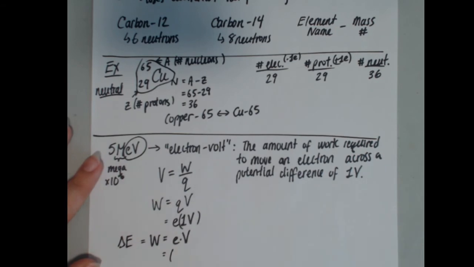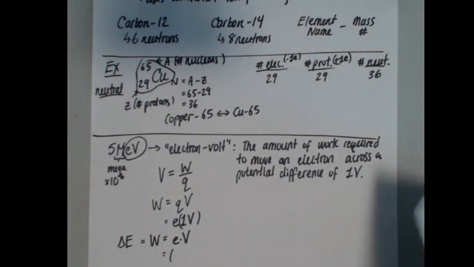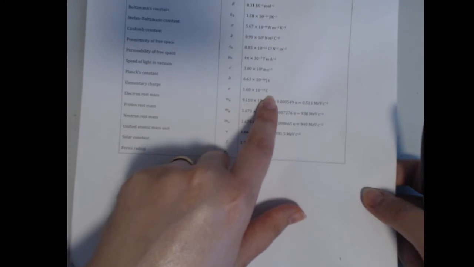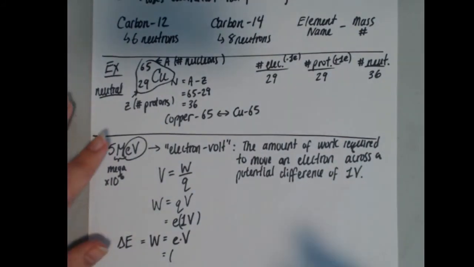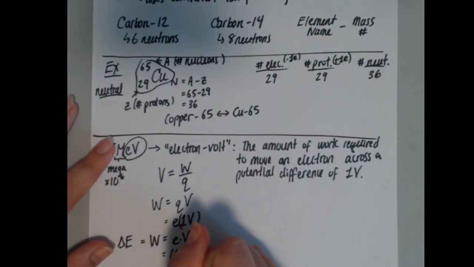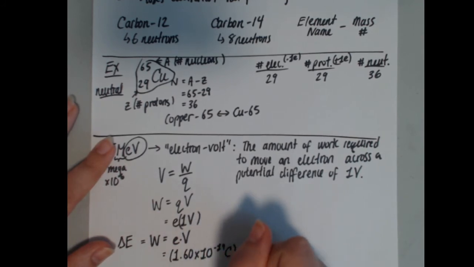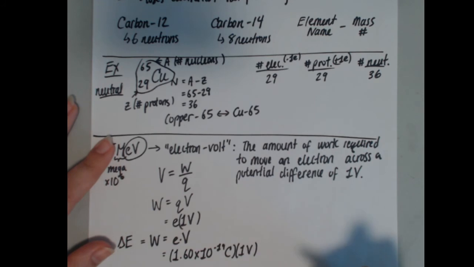Let's pop over to our formula sheet. e on our table of constants is 1.60 times 10 to the negative 19 coulombs, and the voltage is 1 volt.